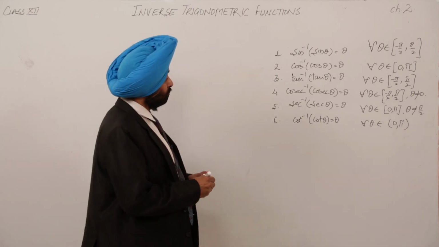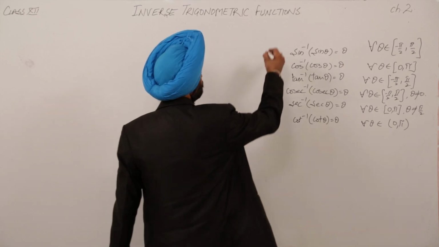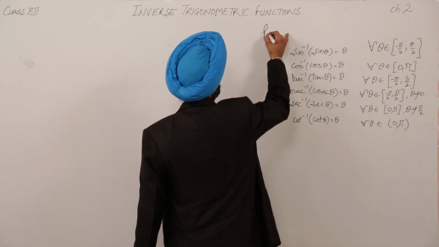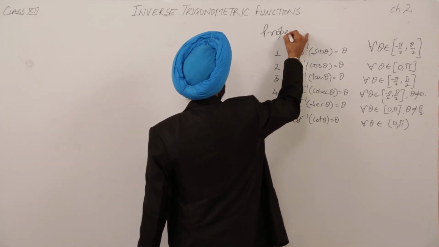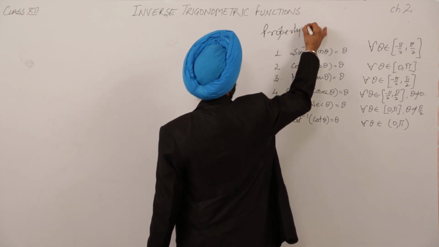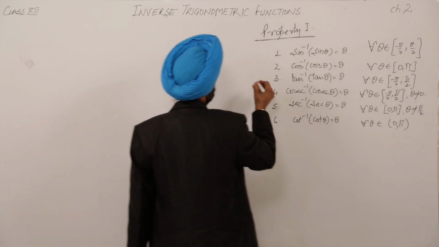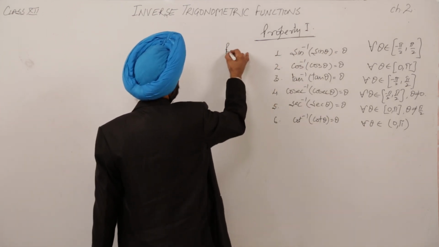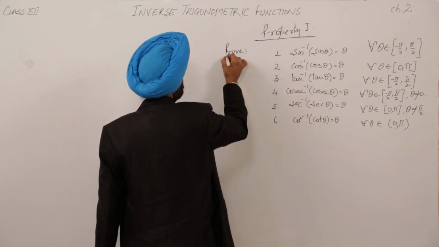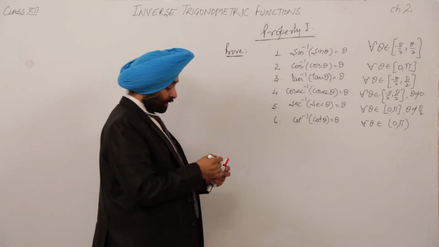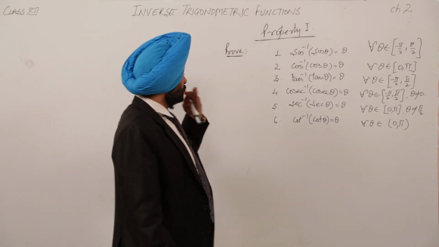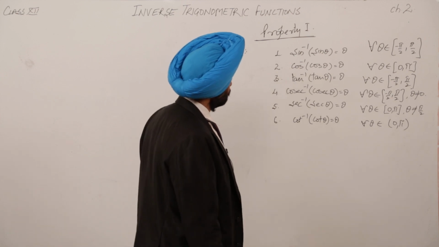I have written on the blackboard, and this is property 1. Now property 1 we have to prove. We have 6 results, where sine inverse sine theta is equal to theta.